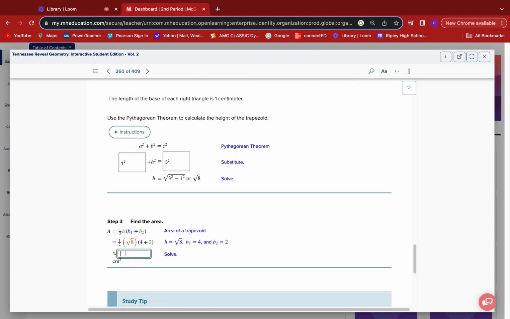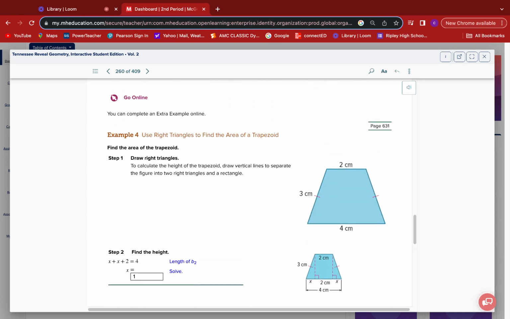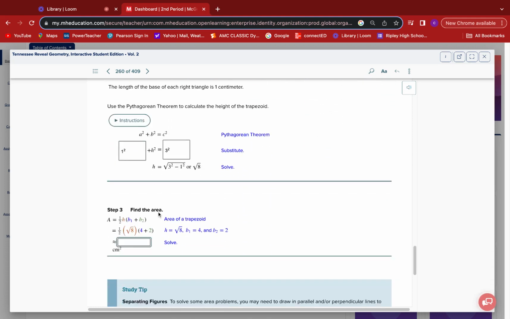All right, so everybody grab your calculator, put in 1/2 times the square root of 8 times, open parenthesis, base 1, which is 2, plus base 2, which is 4. So put in the parentheses 2 plus 4, hit enter. And let's see. Okay, they want it rounded because I see a decimal, but it does not say to what.